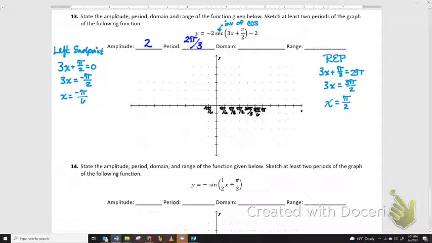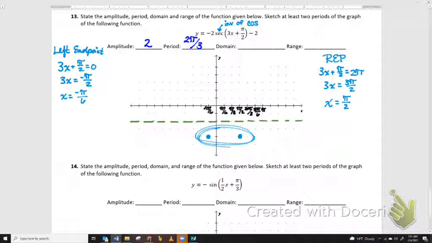Do I have a shift that I need to worry about? Yes. We shifted down 2. So I'm using that as my midline. So at negative pi over 6, I need to go down 2 from the midline. At pi over 2, I need to go down 2 from the midline. What happens halfway in between these two?